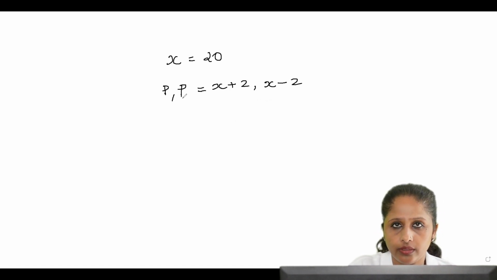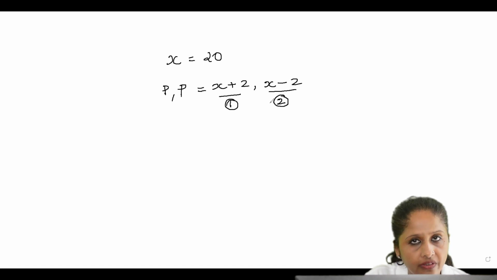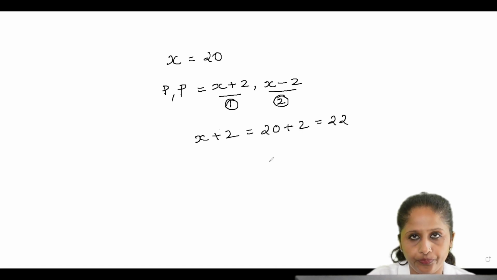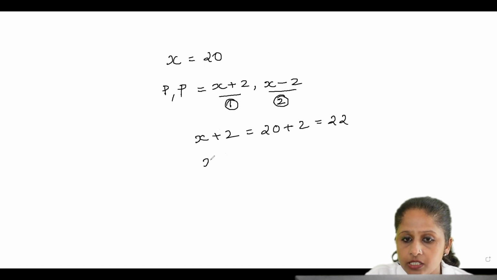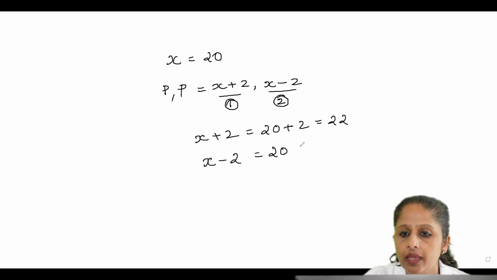Both are the same variables, right? So what is the last value of p? We have to find it. In these two expressions, first this expression will be executed, then the second expression will be executed. First we have x plus 2, that means x is 20, so 20 plus 2 you will get 22. Then x minus 2, the second expression, that is 20 minus 2, that is 18, right?